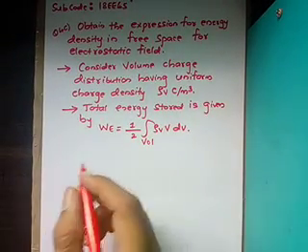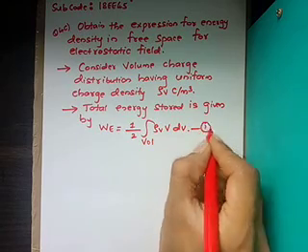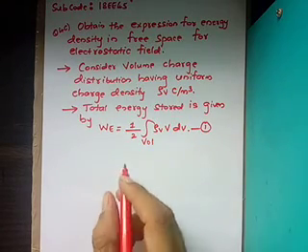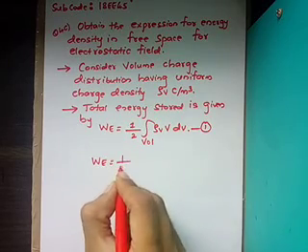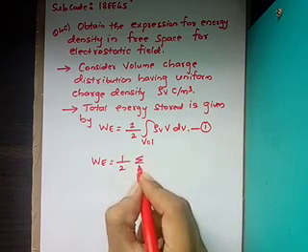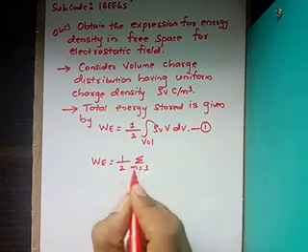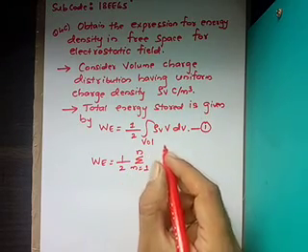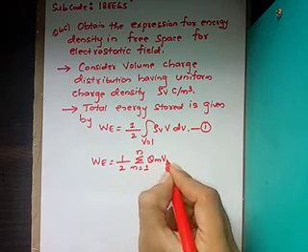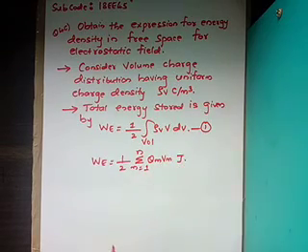Okay, take it as equation 1. So this WE is also given by 1/2, the basic equation is 1/2 summation m equal to 1 to n qm vm joules, right?